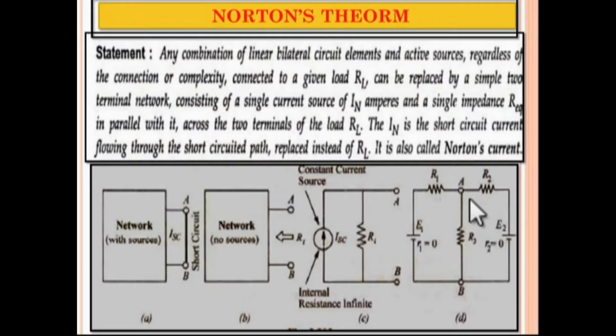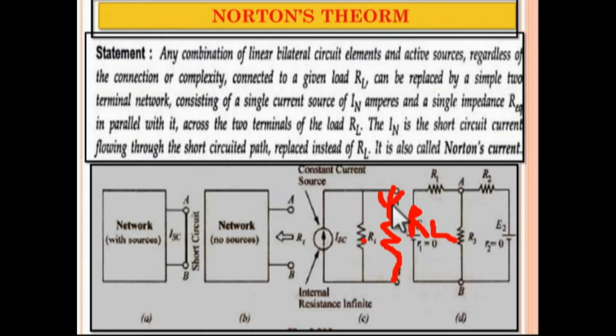You can see in the previous equivalent diagram, RL is reconnected in this fashion. This will be RL and this will be RN. Now a load current will flow through this RL, and then the current division formula is applied. So we get the load current in this branch.